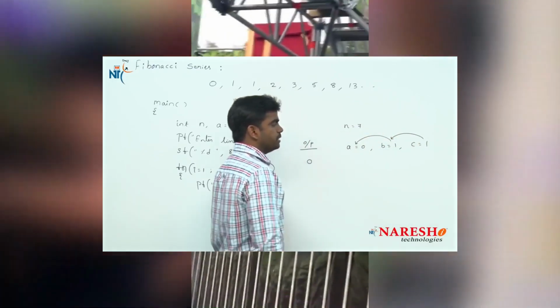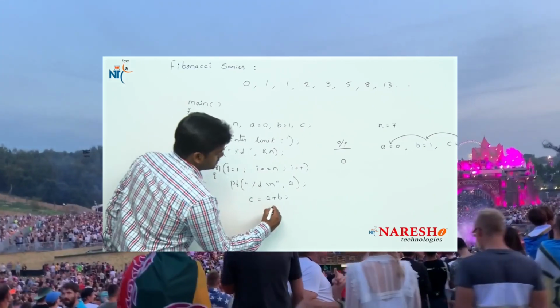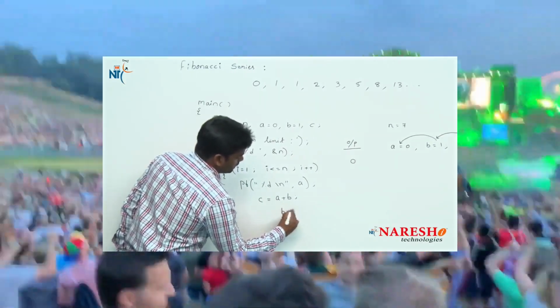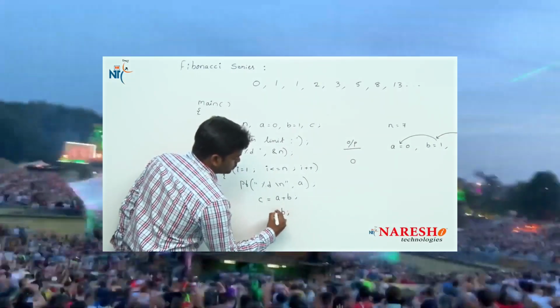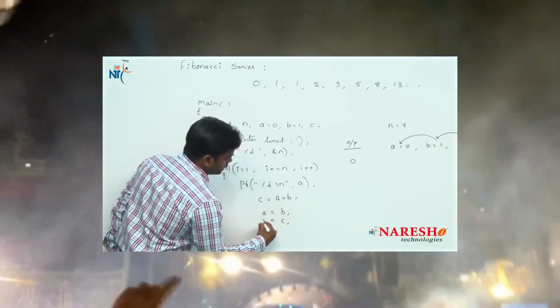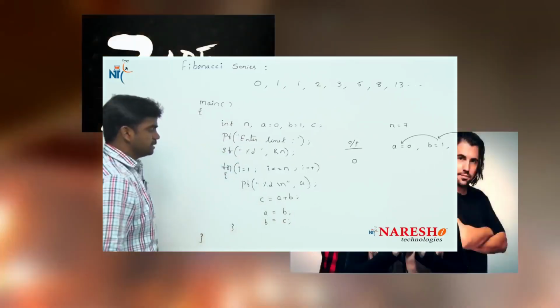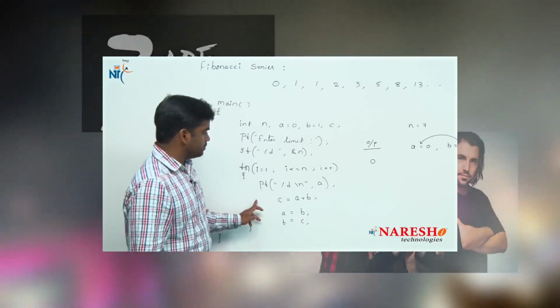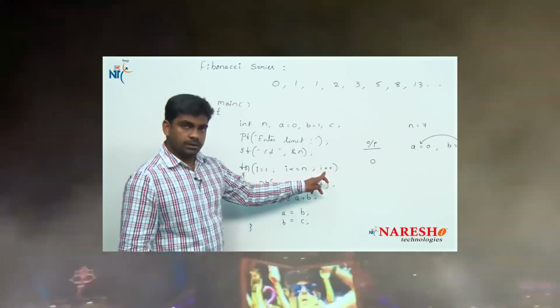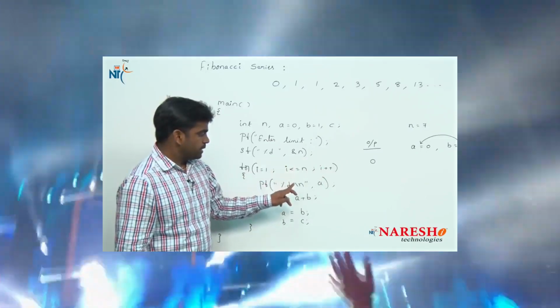This process will continue. The b value we are storing into a, and the c value we are storing into b. This is the process used to print the Fibonacci series. Next time, the i value becomes 1, and 1 is less than or equal to 7, the condition is true, so it will print the a value.